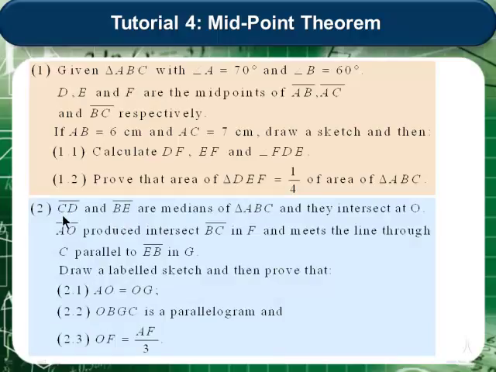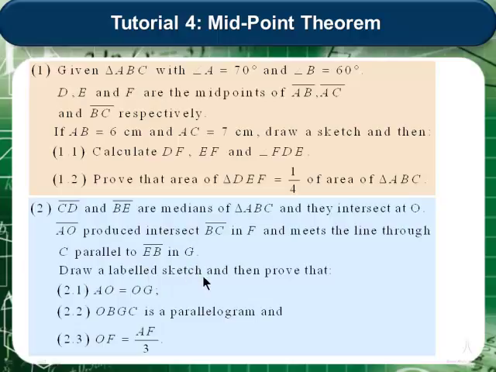In the second problem, we are given that line segments CD and BE are the medians of triangle ABC, and that they intersect at O. Then line segment AO intersects line segment BC in F and meets the line through C parallel to EB in G. Now this sounds very complicated, and that's why you need to draw a labeled sketch.